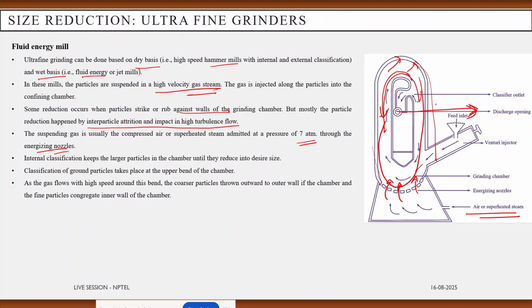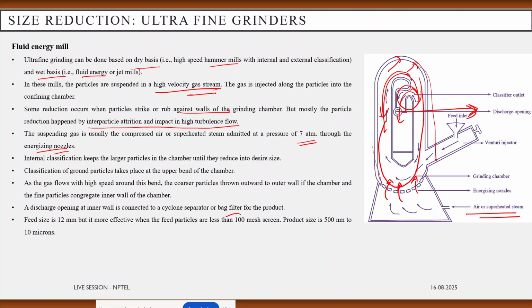So here was the classifier outlet, because the fine particles will be collected, but the heavier and bigger particles will be circulated back in the confined chamber. A discharge opening at the inner wall is connected to the cyclone separator or bag filter for the product classification.